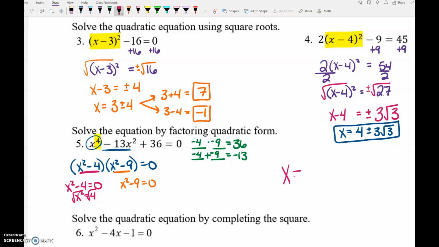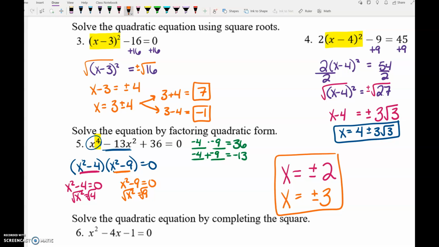So one of our answers is positive or negative 2. The square root of 4 is 2. Add 9 on both sides and square root. The square root of 9 is 3. Don't forget about your plus minus. There are actually 4 solutions here. Positive 2, negative 2, positive 3, negative 3.